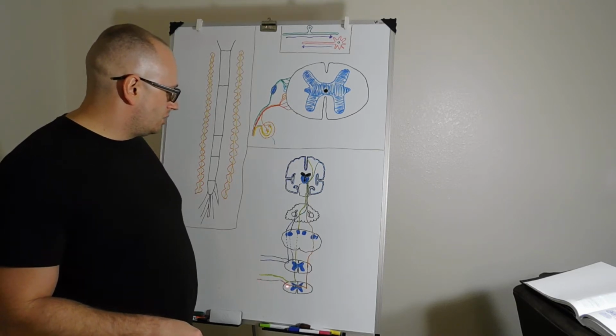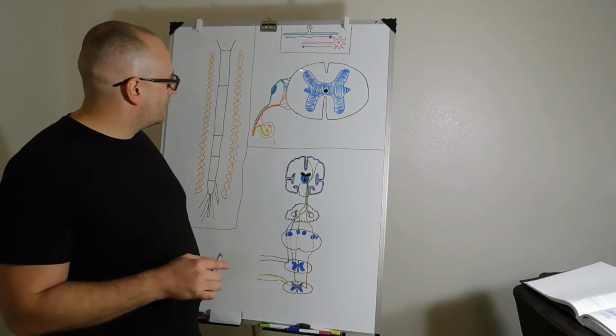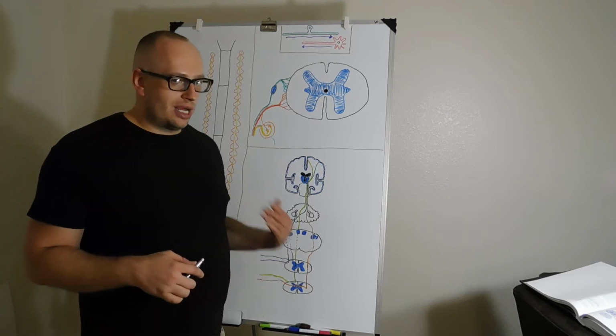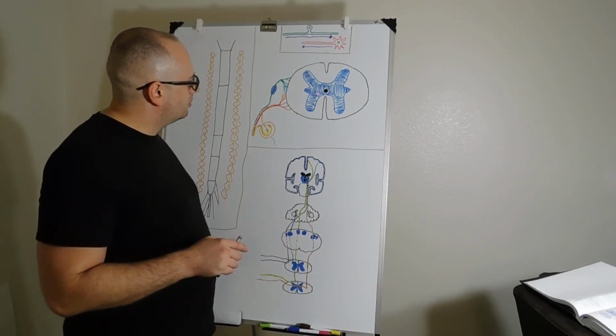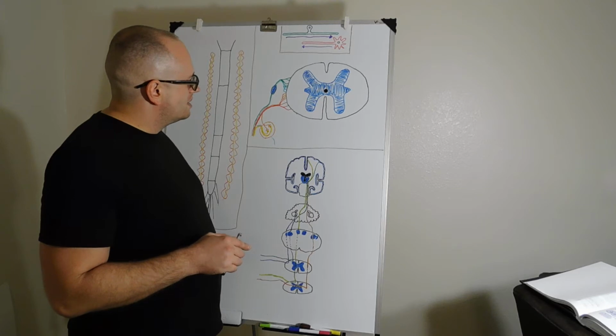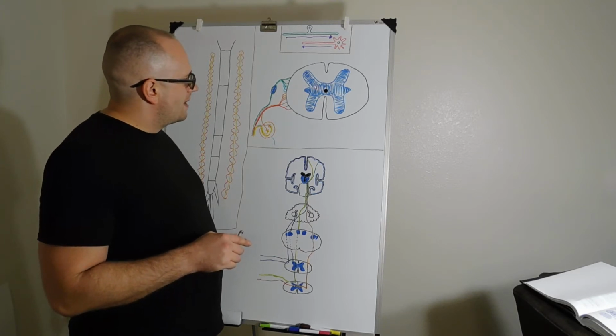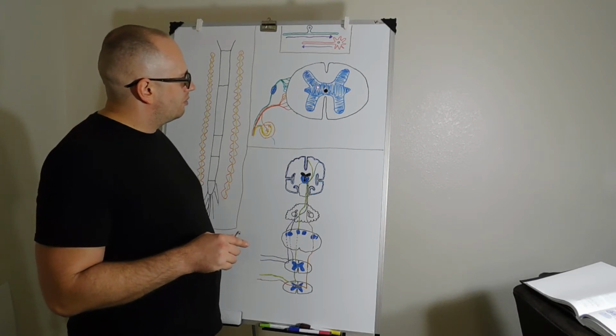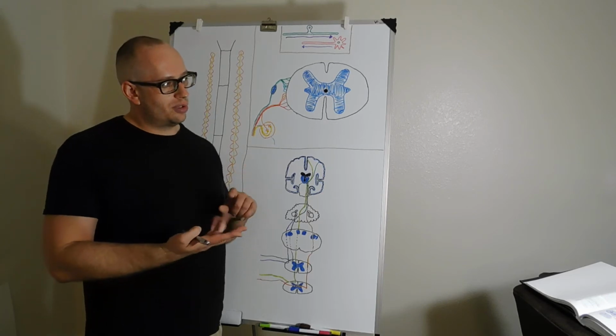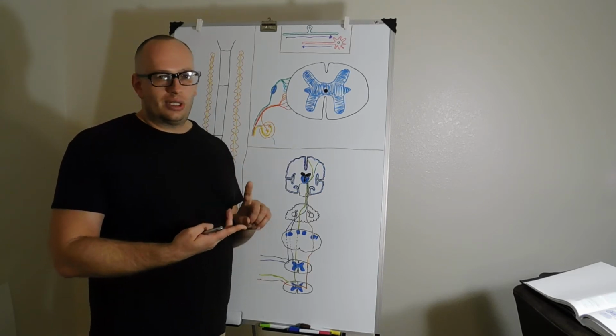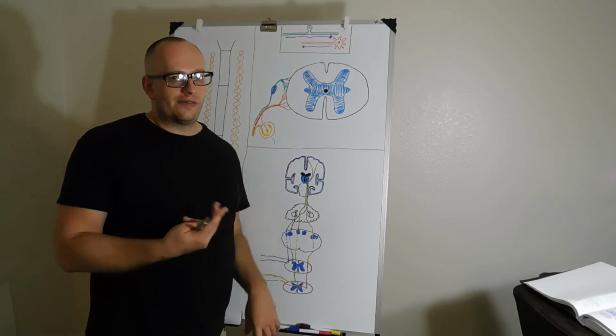At first, the primary axon synapses directly into the gray matter. When it goes into the gray matter, it synapses with Rexed's lamina 1, 2, and 5.